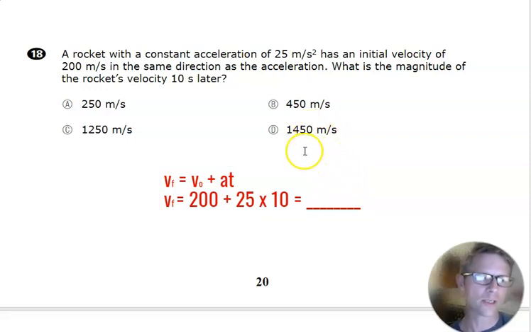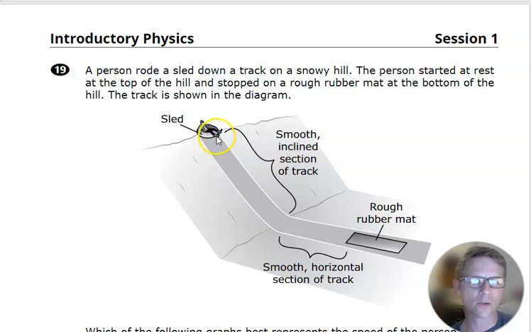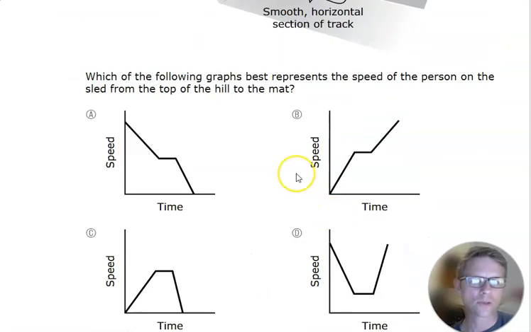You can use the equation, A equals V final minus V original over T. This one's like logic. I know this is going to speed up, then I know this is going to go at constant speed, and then I know this is going to slow down.